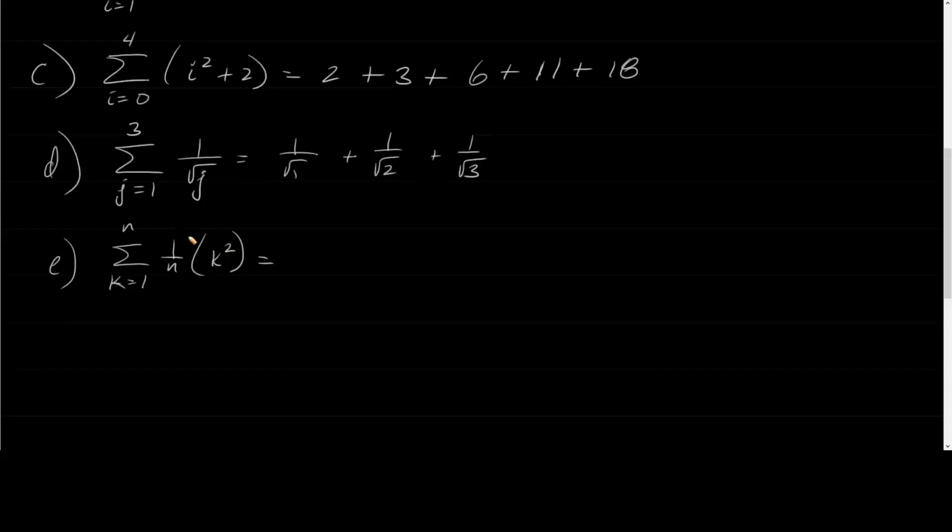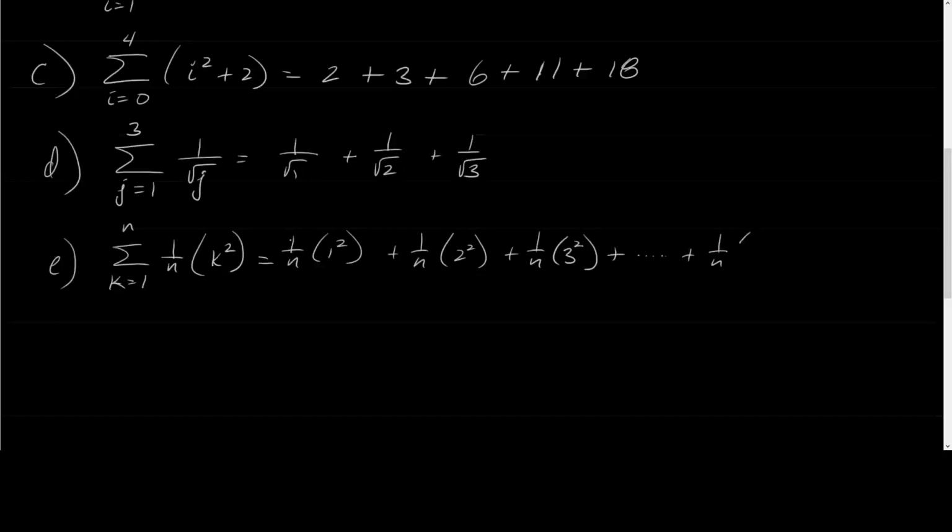This 1 over n stays 1 over n. So we have 1 over n times 1 squared plus 1 over n times 2 squared plus 1 over n times 3 squared, and so on and so forth until we get to 1 over n times n squared.